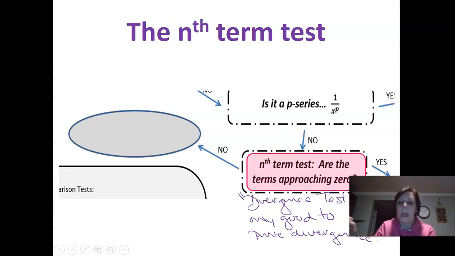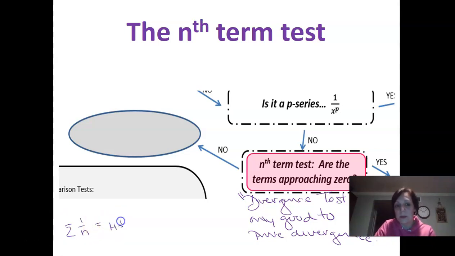Okay, here's why. What the nth term test asks is, are the terms approaching 0? So if the terms are approaching 0, pretty much we don't know anything. Case in point, this stinking harmonic series. Always the 1, right?